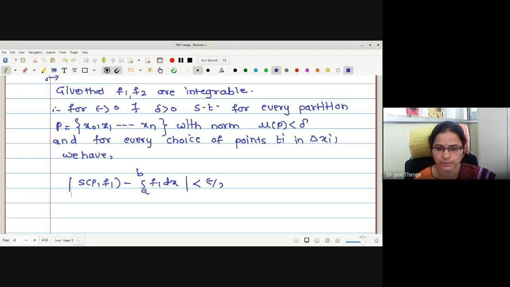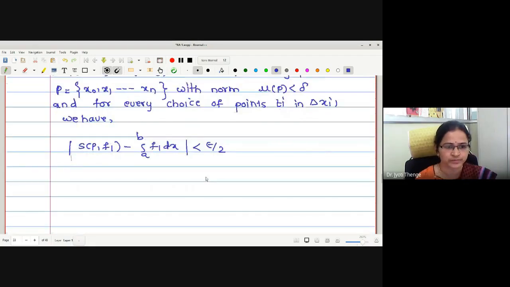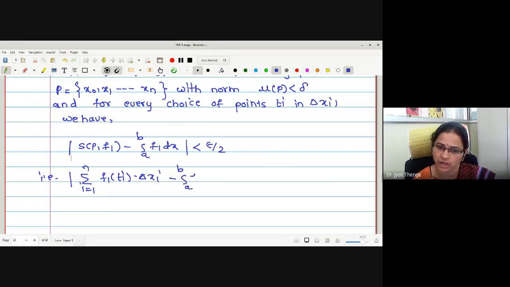Epsilon by 2 is just for the sake of adjustment. That is, what is S(P, f1)? Summation i equals 1 to n f1(ti) into delta xi minus integration a to b f1 dx, less than epsilon by 2. Let me call it statement number 1.